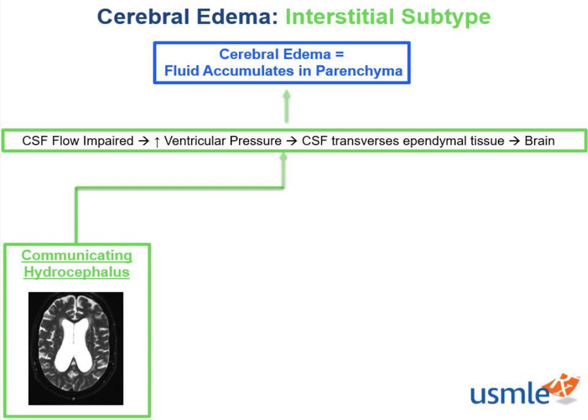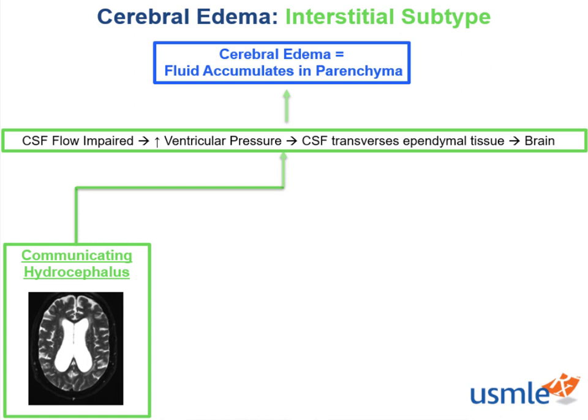This may occur in a patient recovering from a Neisseria meningitidis infection. Why? Because Neisseria meningitidis, as it is so named, causes meningitis that can lead to scarring of the arachnoid granulations and, subsequently, communicating hydrocephalus and interstitial edema.